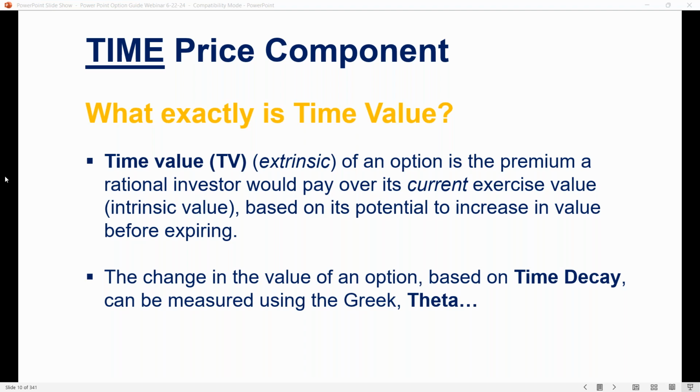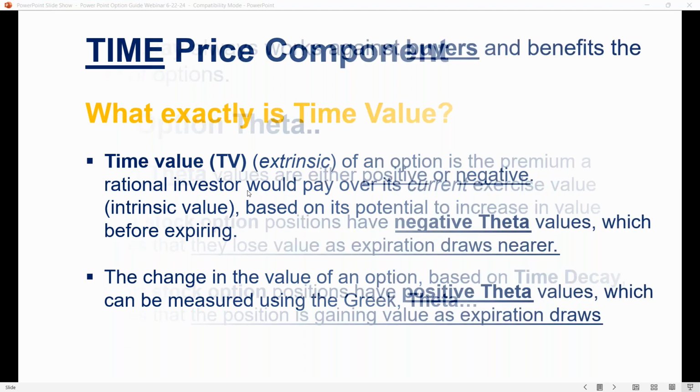The option premium is what a rational investor or trader is willing to pay over that current exercise value, the intrinsic value, based on the potential of that option to increase in value before expiring. Now, the change in the value of your option based on time decay, we can actually measure with the Greek called theta.